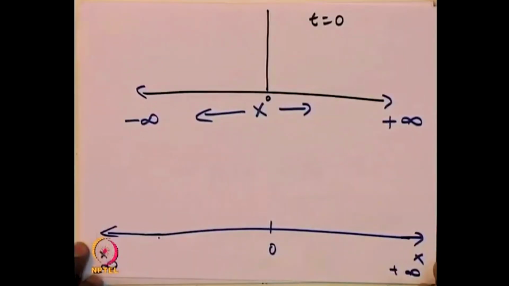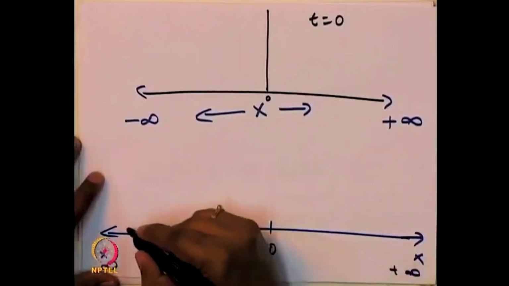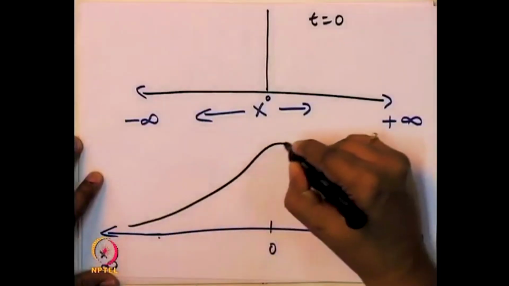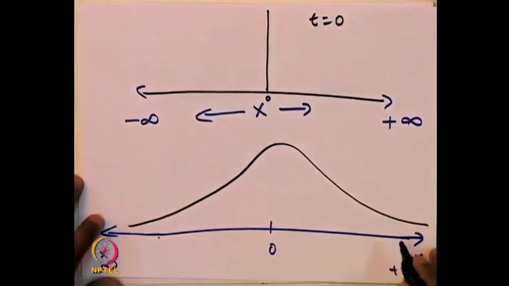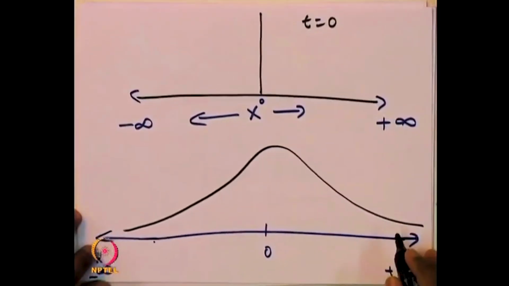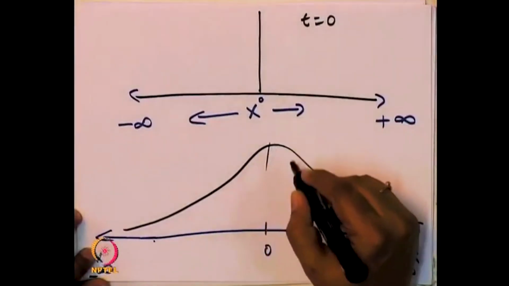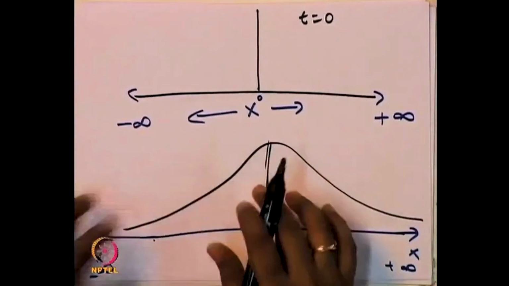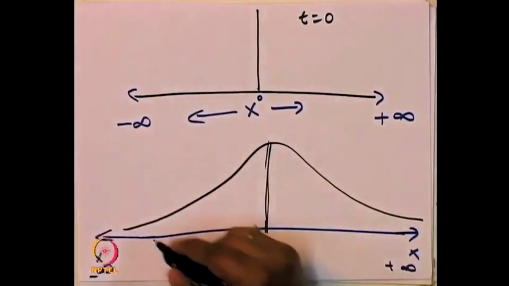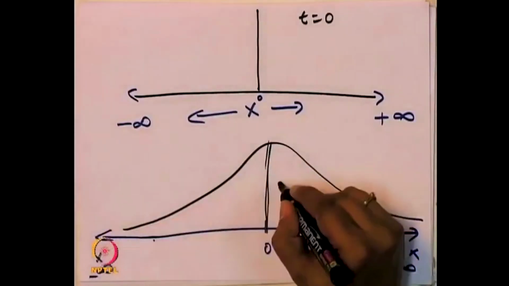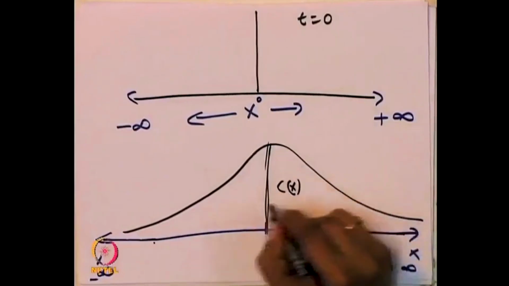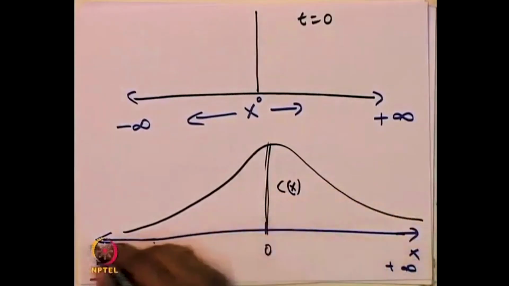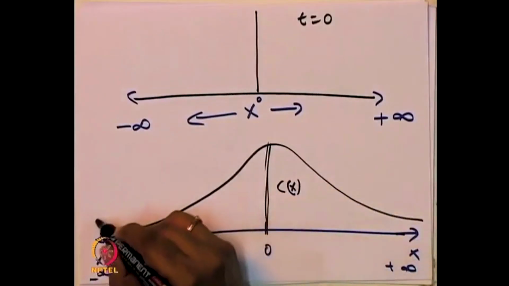What you would see is a nice symmetric shape like this. Maybe what I drew is not perfect, but I wanted the peak at 0, symmetric about this. This is the concentration as a function of x. As it goes to infinity, the concentration will go to 0.